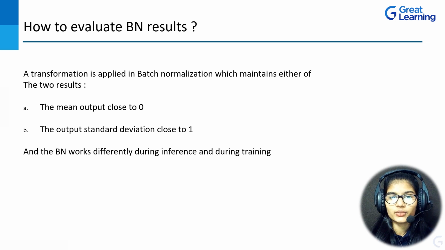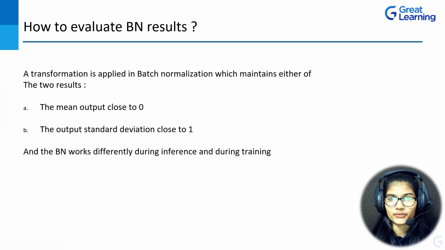So when a transformation is applied in batch normalization, it maintains these two results: the mean output close to 0 and the output standard deviation close to 1. This is one thing which is to be maintained.